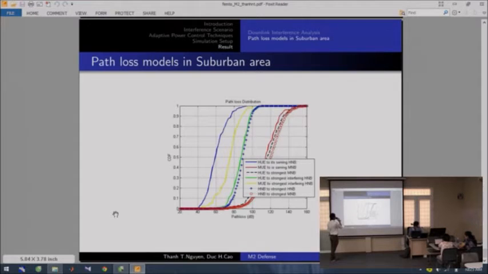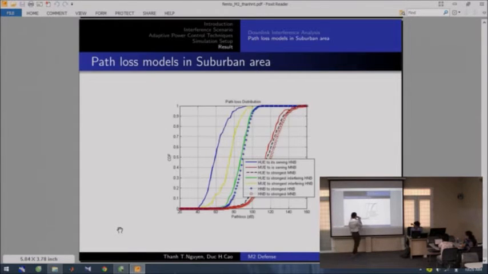This is the path loss model we generated in the suburban area. We measure the path loss between the femtocell user and the femtocell and macro cell, and we also measure the path loss measured at the femtocell to a stronger femtocell, which is useful for the network listening power control algorithm later.